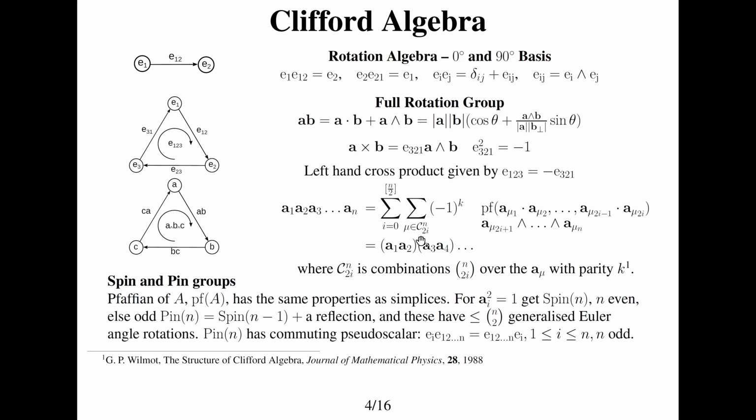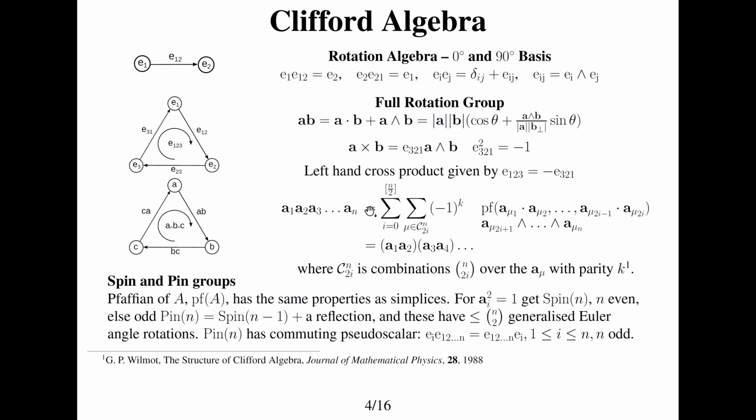So we can divide it into pairs of Pfaffian expansions, which is actually just the full rotation in 2 dimensions. So we can have n divided by 2 Pfaffian rotations in 2 dimensions to define this product.